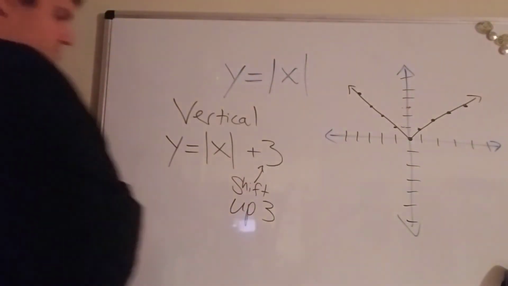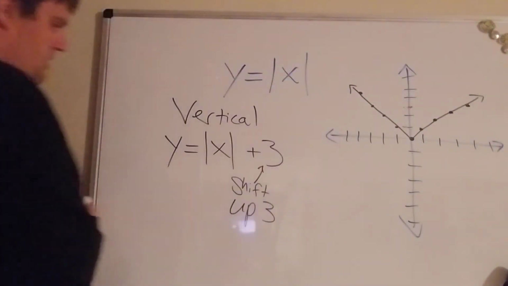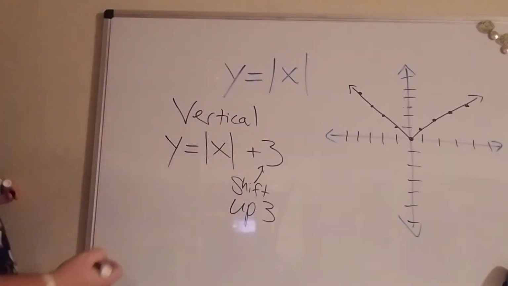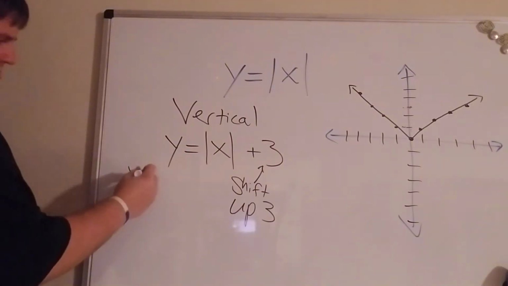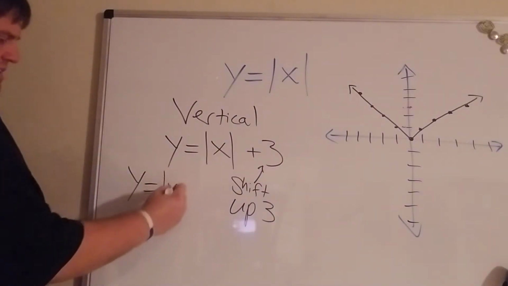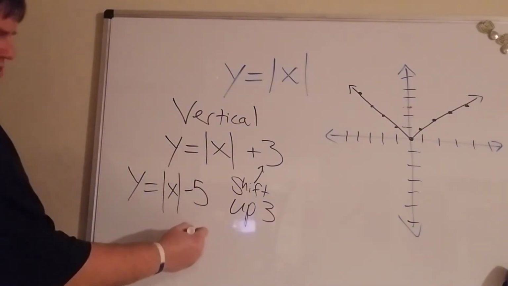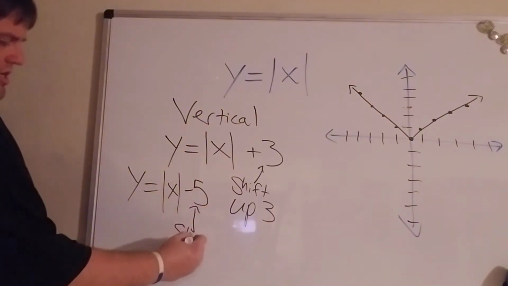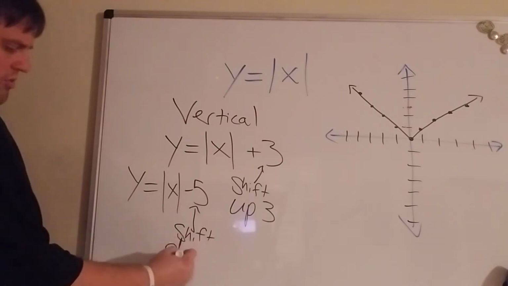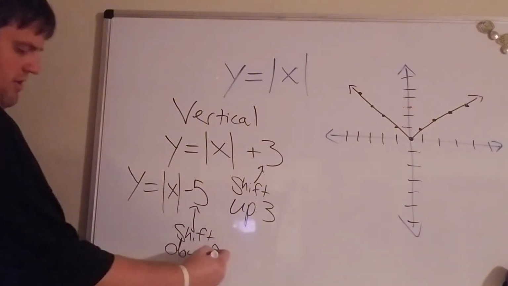Likewise, if I threw a subtraction in here, y equals absolute value of x minus 5. This would shift down 5 units.